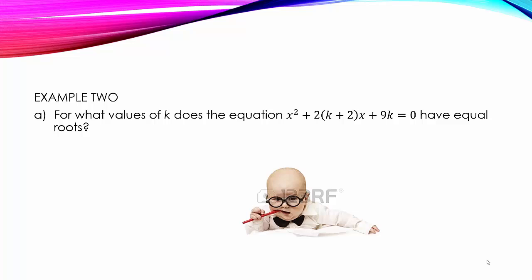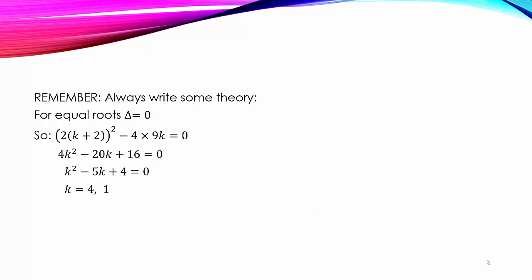Okay. I hope you all started off by saying some theory. What would be the theory that you would want to say? You would want to say that for equal roots, delta equals 0. And always try and write some theory in this kind of example.